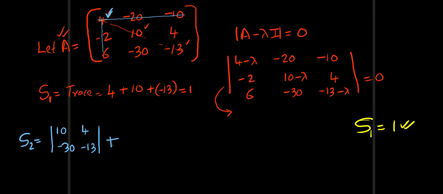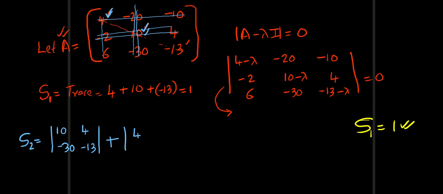And then plus. The next thing, you take a look at the next element in the leading diagonal, that is 10. Now you can leave this row and this column. So I hope you can read the remaining elements.